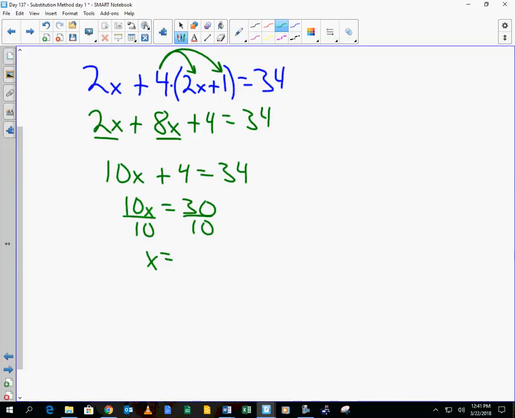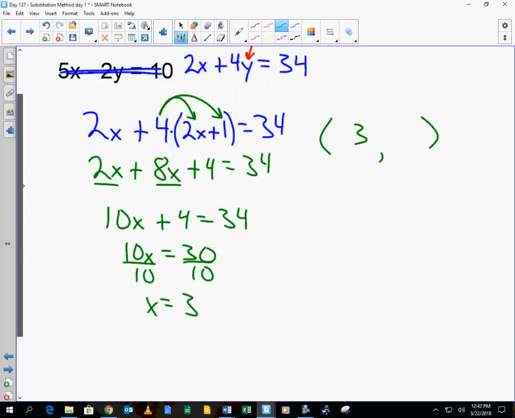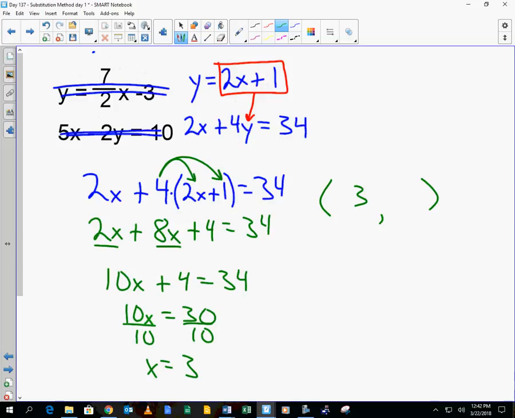X is 3. So if x is 3, how is it that I come up with y? Yep, plug in the 3 right here. What is 2 times 3? It is 6 plus 1 is 7. Very good.